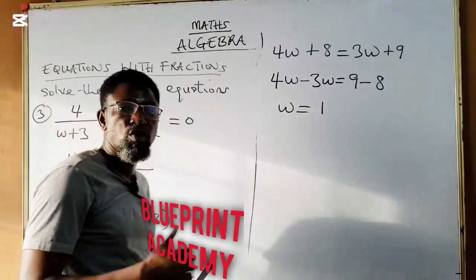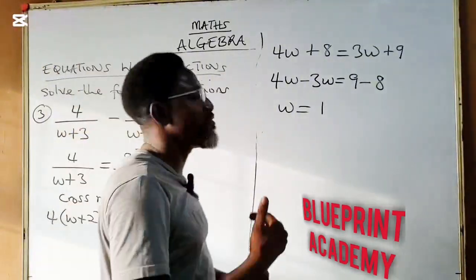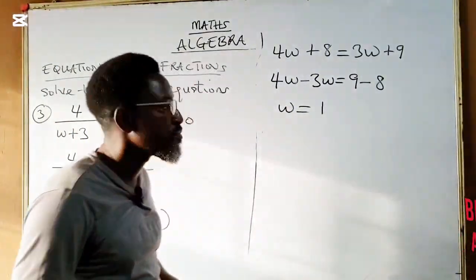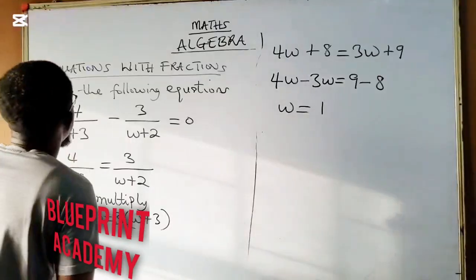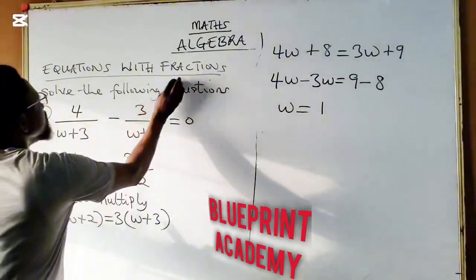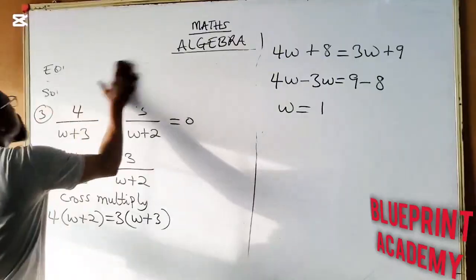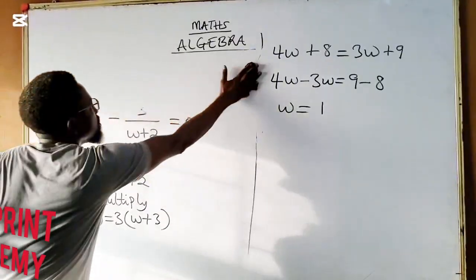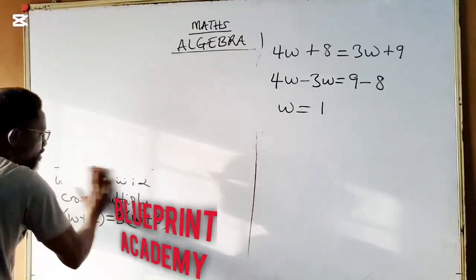So this is what is done under equations with fractions in algebra. Now the last thing we need to look at is what is called undefined fractions in algebra.